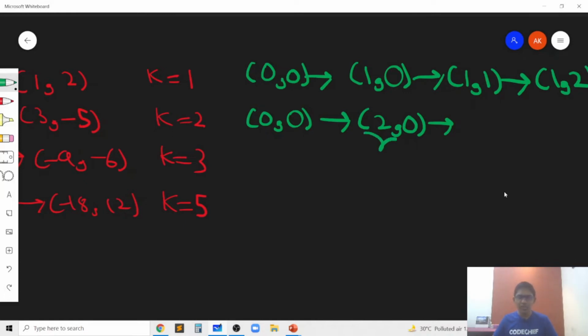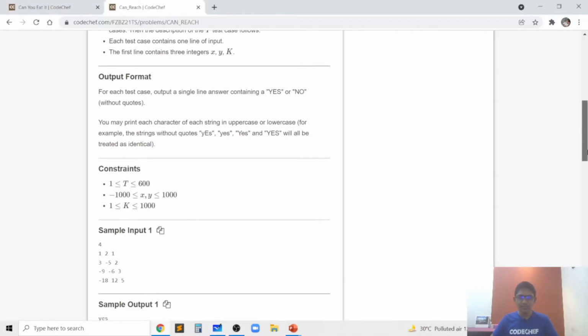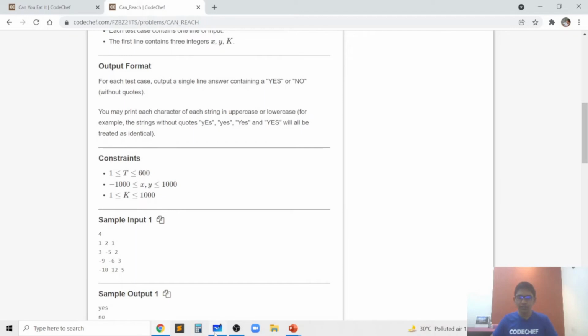Now we are trying to make the x value equal to 3. However, we can only increase it by 2. So when we increase it by 2, we skip 3 and make it 4. And 4 is a multiple of 2. So each time we are only jumping to the multiples of 2. And that's why we can't ever reach 3 because 3 is not a multiple of 2. And that's why we print no. So that's why the first example would be yes, and the second example would be no.